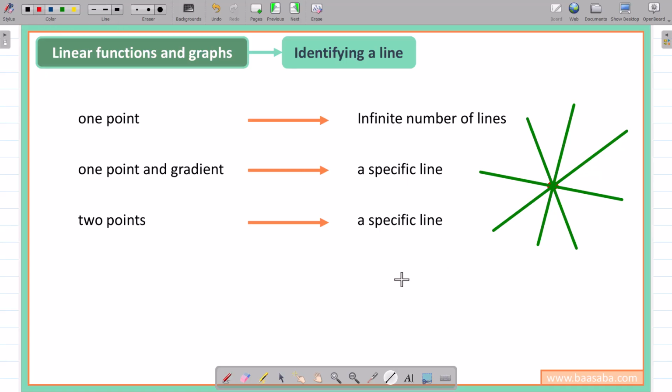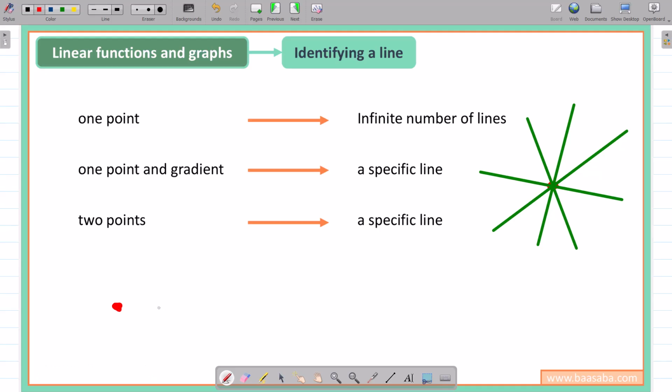But if I know the orientation of the line, you can identify a specific line when you have 1 point and the orientation.